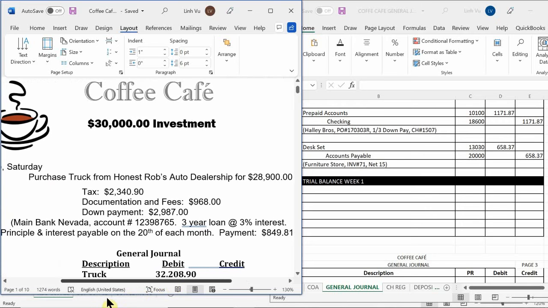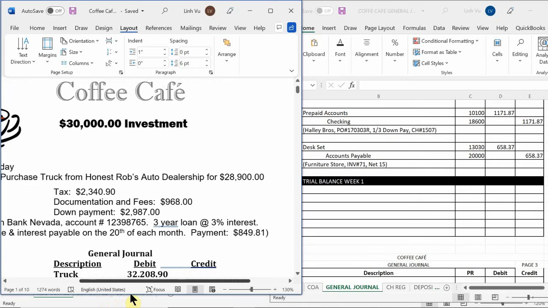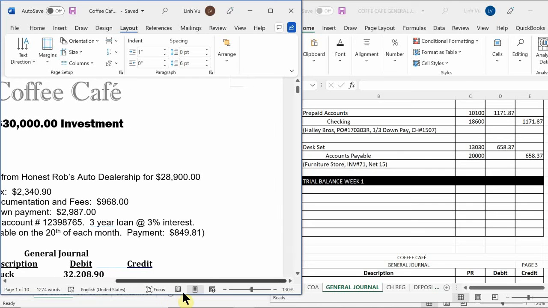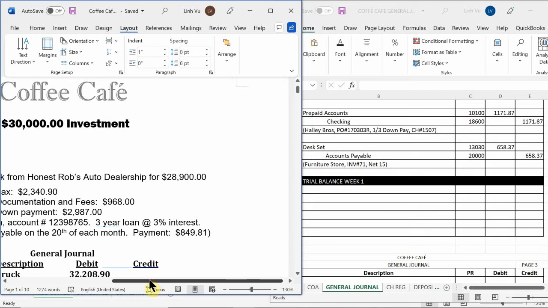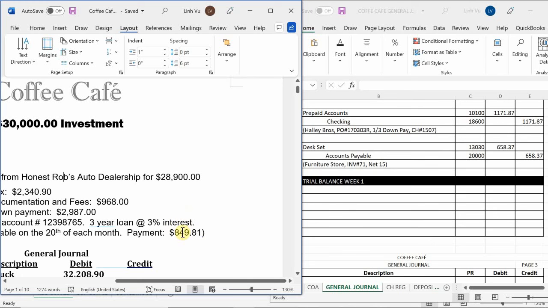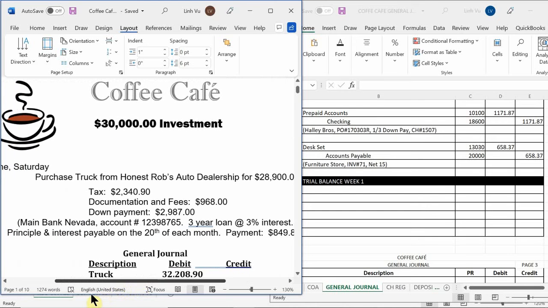So again, 3% interest is going to be configured, okay? Usually when you go to an auto dealer shop, they give you this already. The agreement you signed says your monthly payments are going to be $849.81. So again, low interest, short period of time to pay, but you can see the monthly payment is pretty hefty. They configured that it's going to be $849 per month to pay off this entire loan.